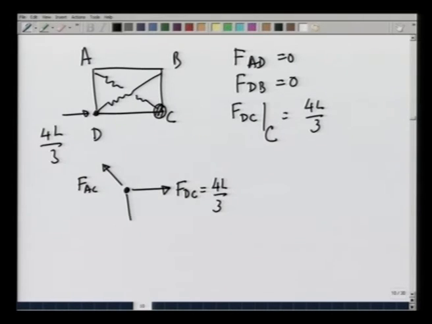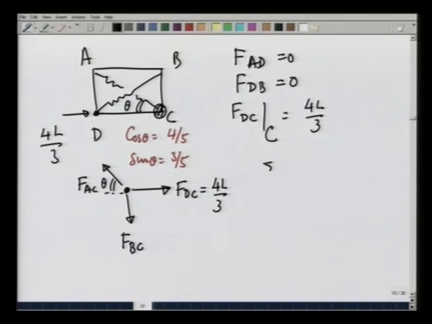That means the AC rope is under tension, and remember again, AC is a rope, so it can support only tension, no compressive force. And there is going to be a force F_BC. This angle is, let us say, theta. Cosine of theta is 4/5 and sine of theta is 3/5.